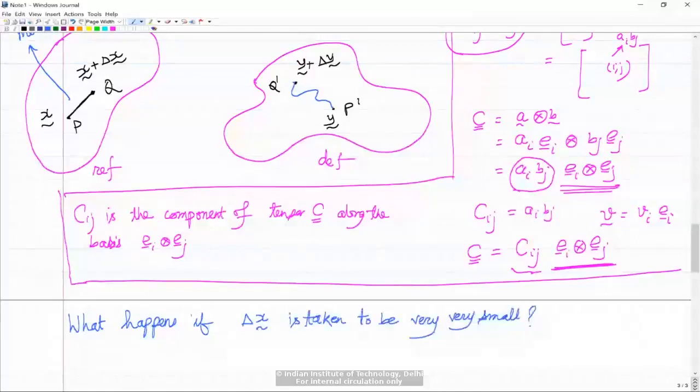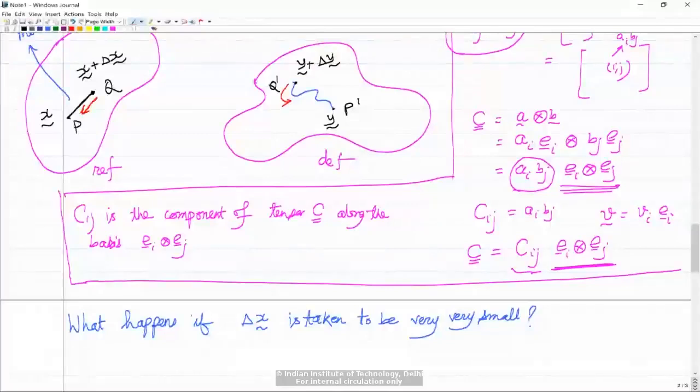Then in the deformed configuration, again the line joining P and Q will be curved, but you see, suppose I bring this Q close to P. Okay, I'm bringing this Q close to P. So as you do that, you will also come close to P prime. From Q prime, you start traversing along this curved line, and you are starting to get close to P prime, isn't it?